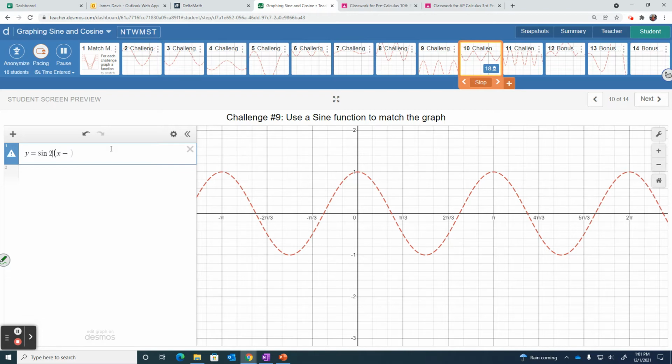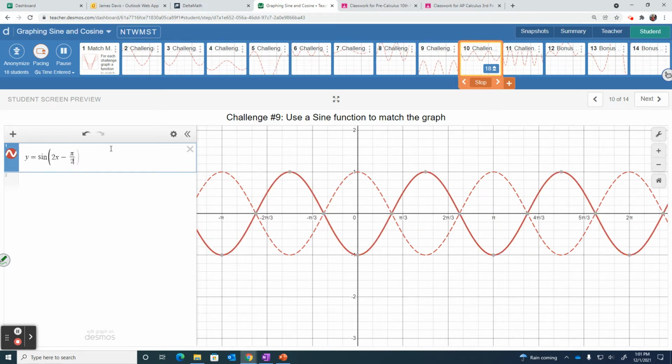So you put the 2 inside there, which actually would make it then just pi, depending on whether you factor it out or not.